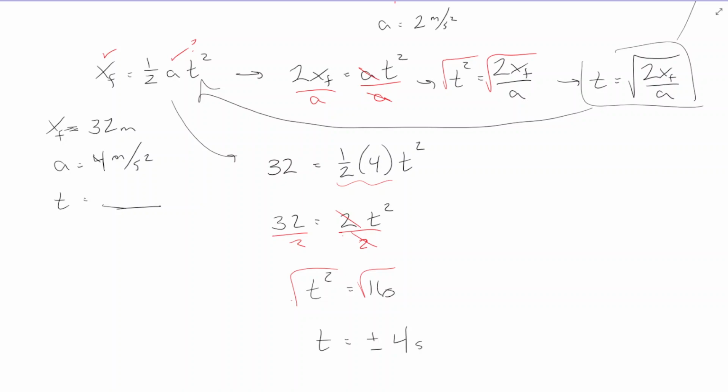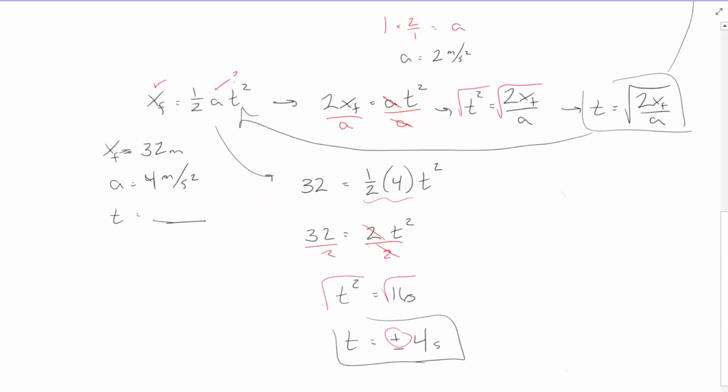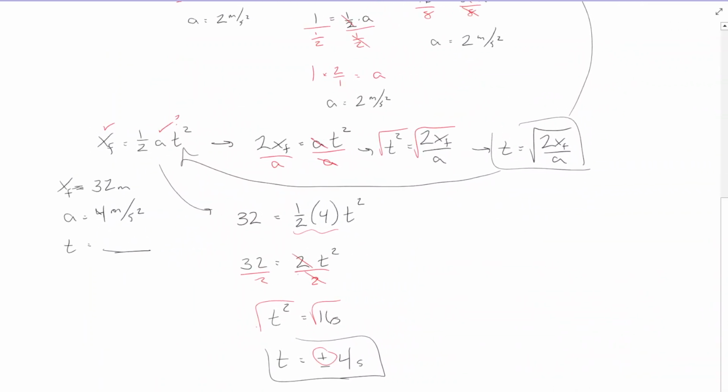So t would be either positive or negative 4 seconds. If I take 4 seconds as a positive value and square it, I get 16. Negative 4 times negative 4 is 16. So both work. Oftentimes in science, we would take the positive because having negative time doesn't have a whole lot of meaning. But regardless, we can solve for t and get 4 seconds.